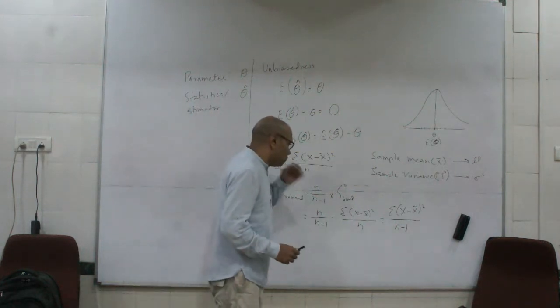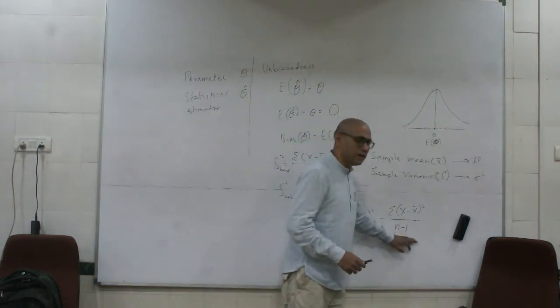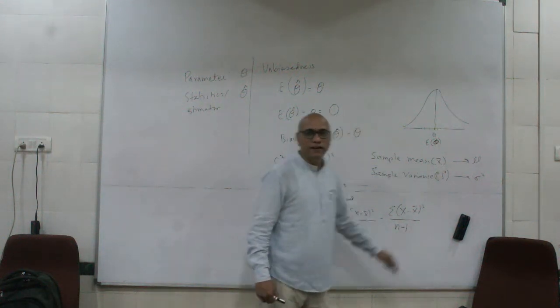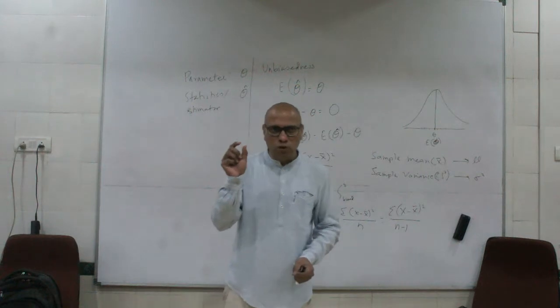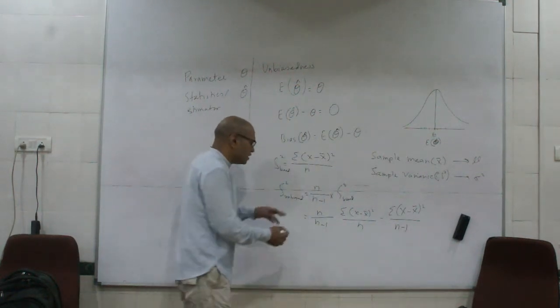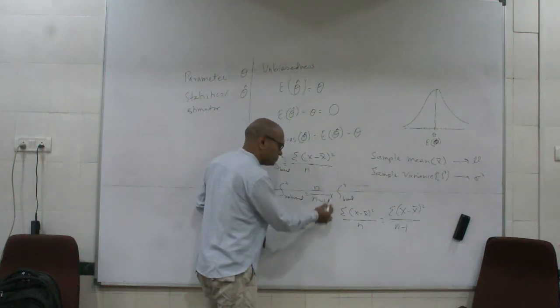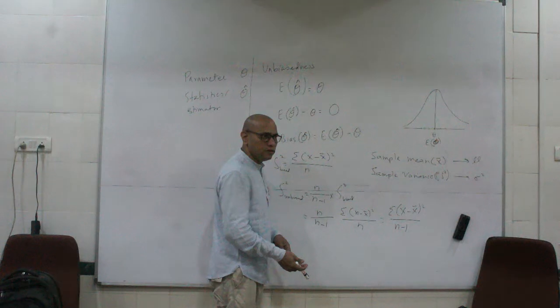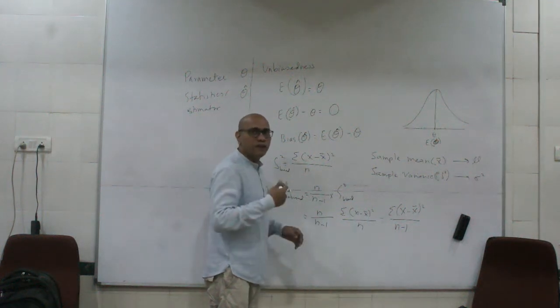So what are we effectively doing? We are making the variance slightly larger because we are dividing it by a slightly smaller amount, right? You would also realize that this fraction would become smaller and smaller as n becomes larger and larger.